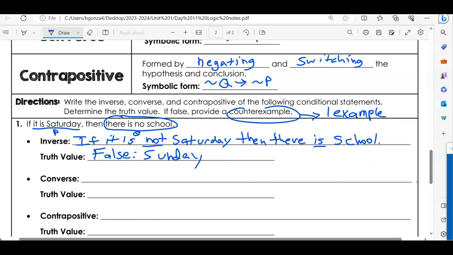Switch. Take there is no school, bring it to the front. It is Saturday, bring it to the back. So if there is no school, then it is Saturday. After you write it, think about it. Is it true?